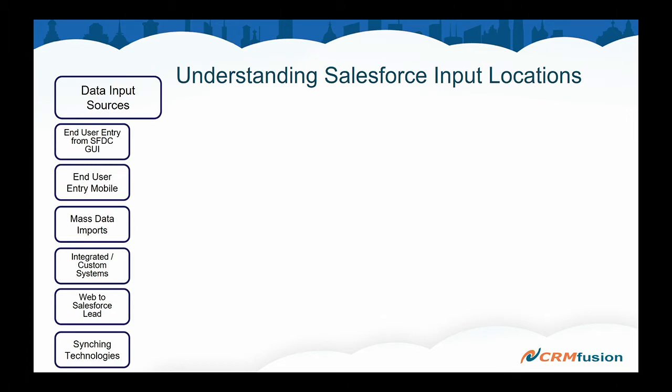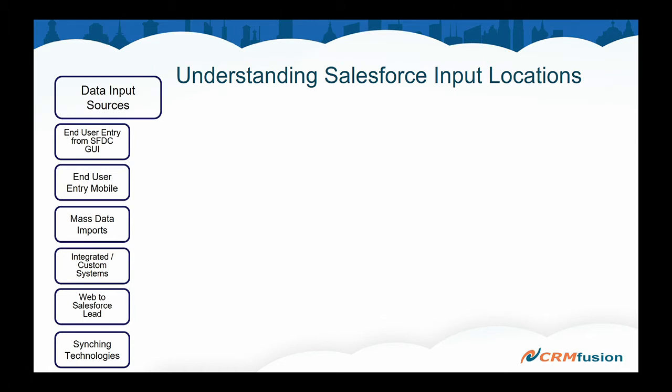We have people doing mass data imports. We have integrated or custom systems that are talking to Salesforce and putting records in. We have web pages out there feeding data directly into Salesforce. And we also have synchronization technologies. Those are your primary 6 ways.